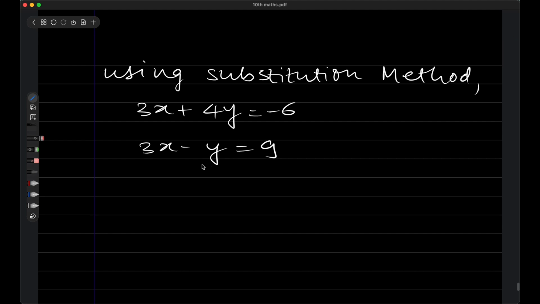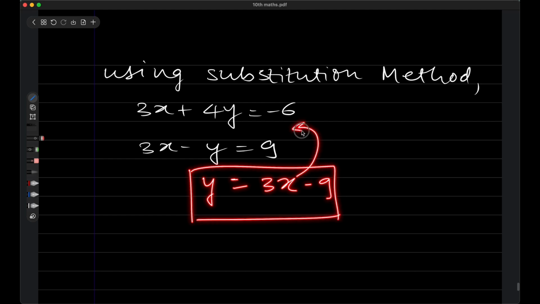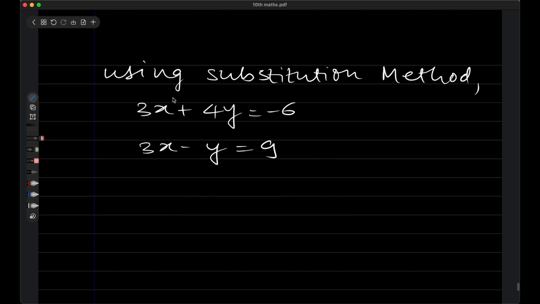The coefficient of y in the second equation is 1, so we can subject y equals 3x minus 9 and put the value of y in the first equation to easily solve the pair of equations. Let us subject y from the second equation. We will get y equals 3x minus 9.